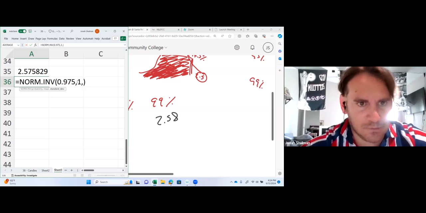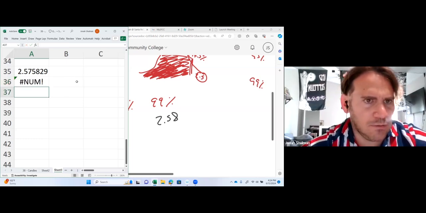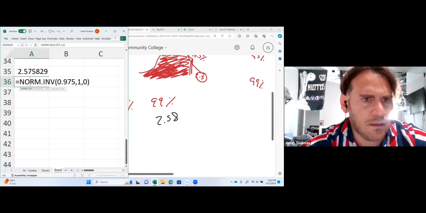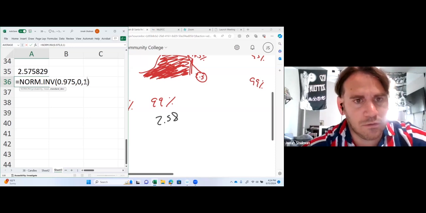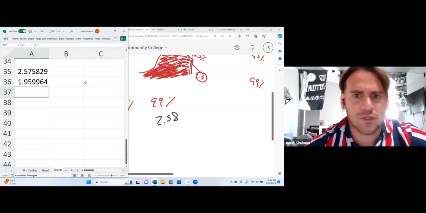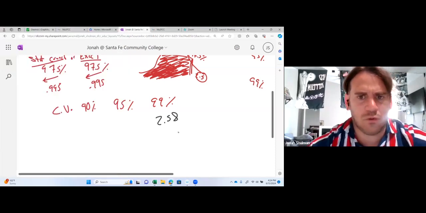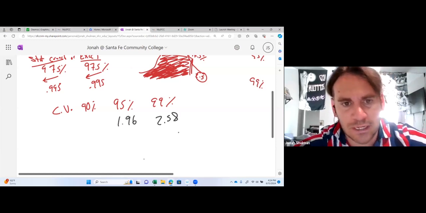Sorry, I have it backwards. The mean is always 0. The standard deviation is 1. That's what allows us to do it. So for 95%, it's 1.96.